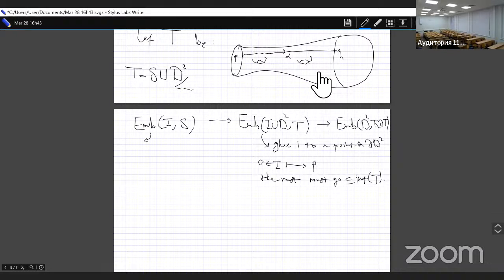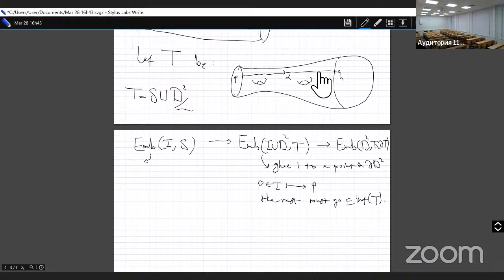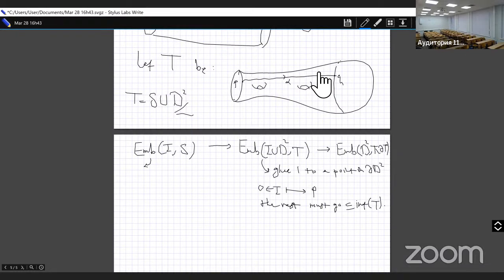What about the third space? It's just embeddings, only embeddings of the disk. Of a disk in T minus the boundary of T. What does this space have to do with that?